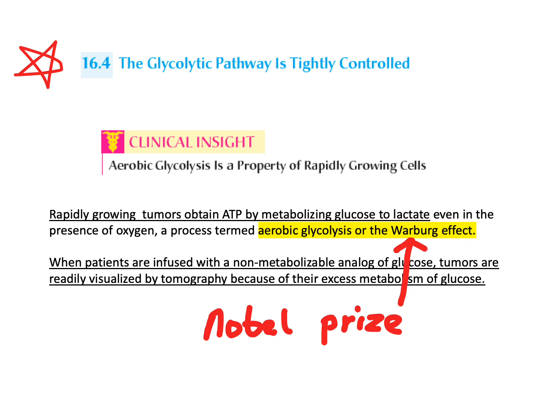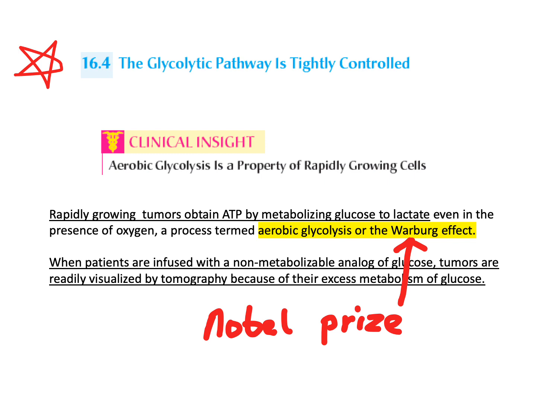Clinical insight. I don't do a lot of clinical insight, but this one is very interesting. Rapidly growing tumors obtain ATP by metabolizing glucose to lactate even in the presence of oxygen, a process termed aerobic glycolysis or the Warburg effect.